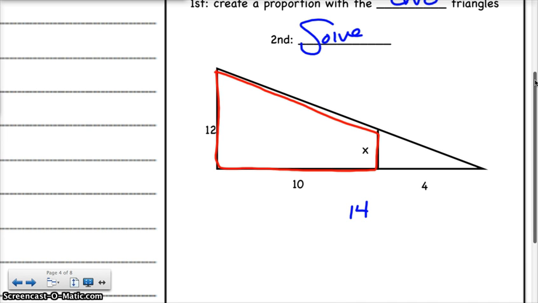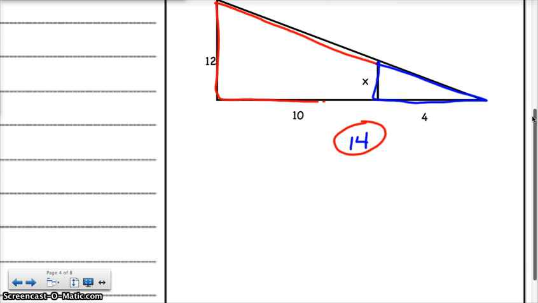No. I need this dimension plus the other 4 for that total of 14. Okay? All right. And the inner triangle is this cute little guy right here. So cute. That's so fluffy. Okay. So I'm just going to start.